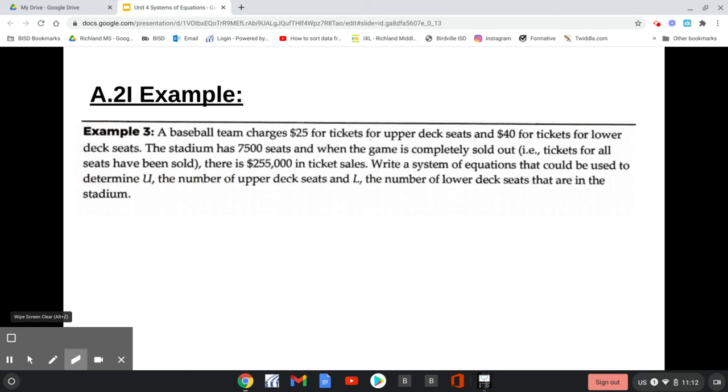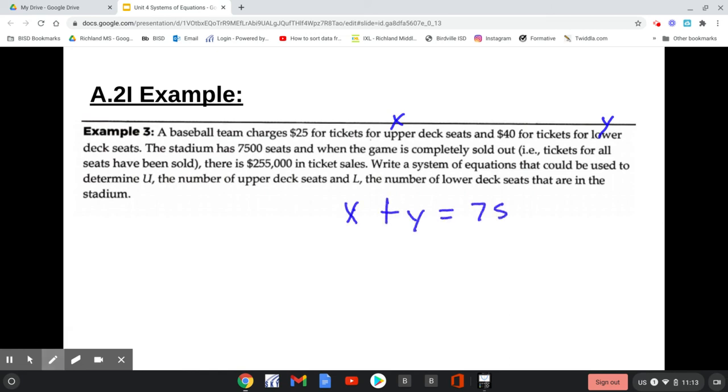So I'm just going to be U for upper deck seats, L for lower deck seats. I'm going to change that, and I'm going to use X and Y because I think it's easier. And so we know the number of seats are X plus Y equals 7,500 seats.